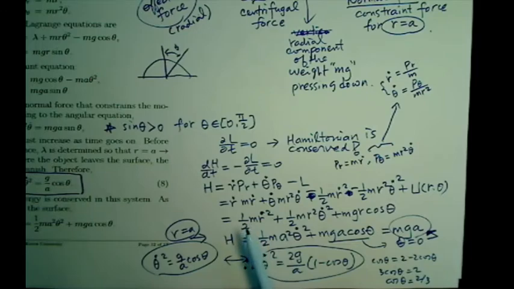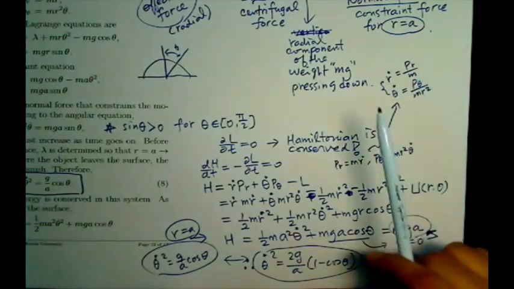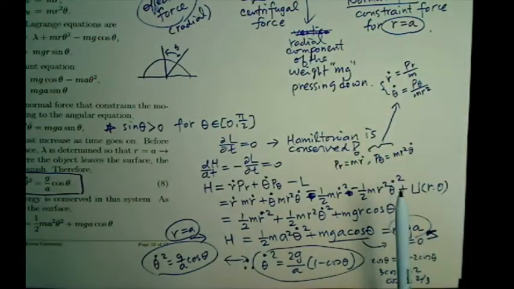And if we want to write down the Hamiltonian in the conventional way, r dot and theta dot must be replaced with the conjugate momenta instead of time derivatives of coordinates. If we substitute that, and the sign of the potential energy is flipped, this is the total mechanical energy of the system.